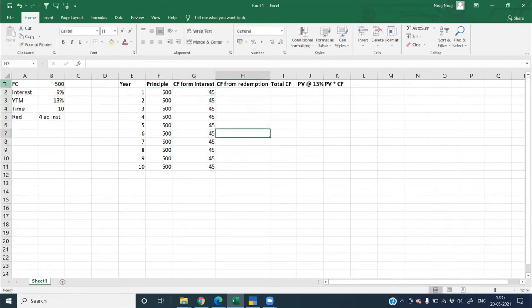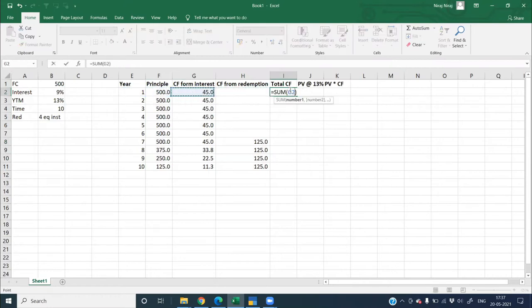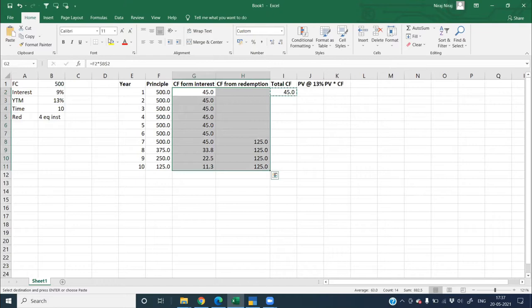And my redemption is going to be in 4 equal installments, so 500 divided by 4. So this will be my construction. My total cash flow is going to be this column plus this column. These two columns, which I am coloring in yellow, are going to be my total cash flow.